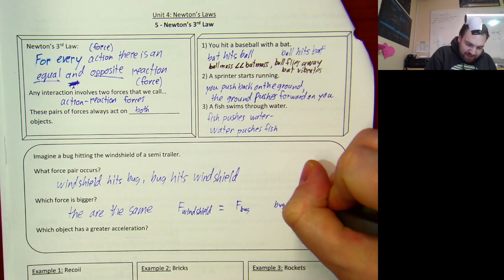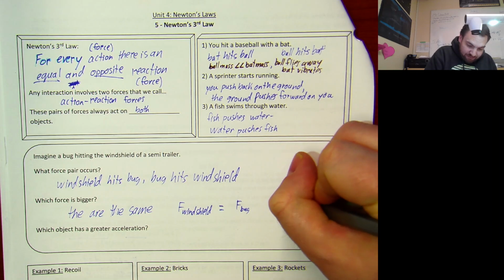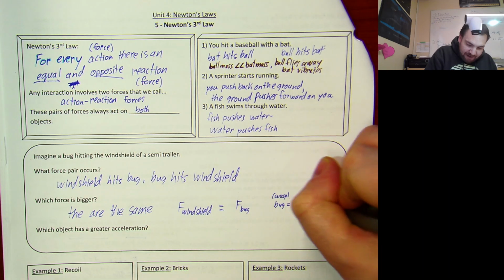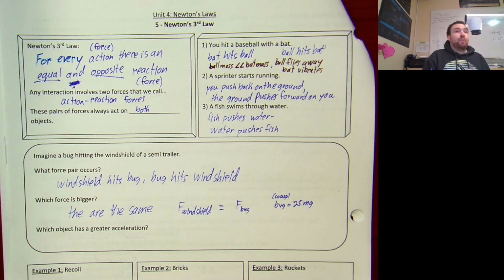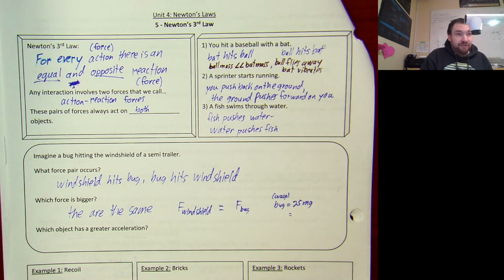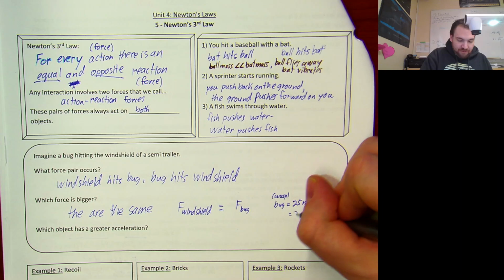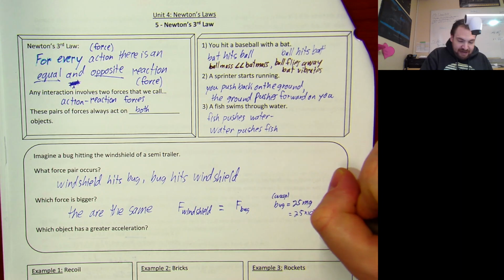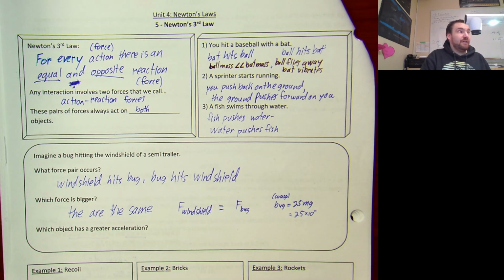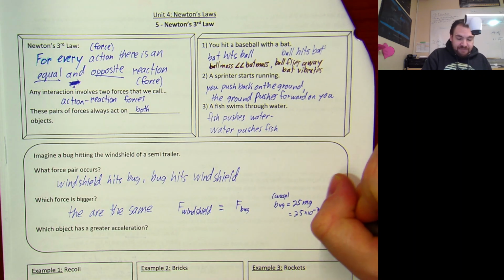The bug is a wasp in this case. 25 milligrams, which is what in kilograms? 25 milligrams is 25 times 10 to the negative, milli is 10 to the negative 3 grams.